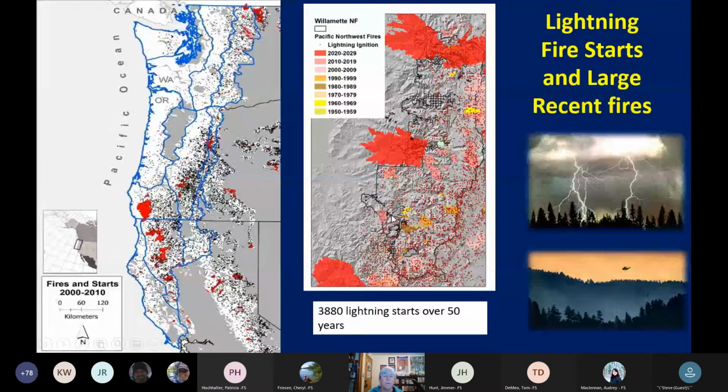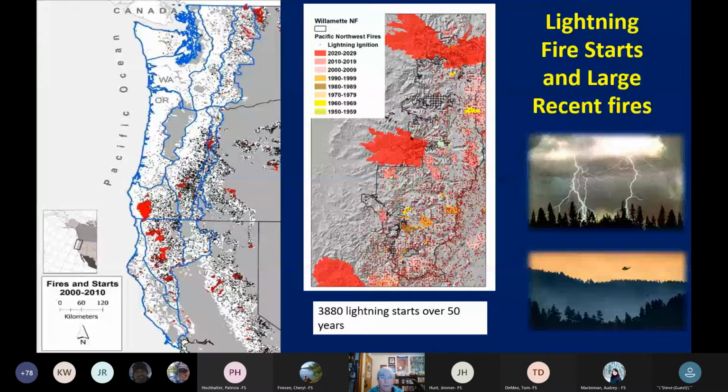Well, we went ahead and dove in, as you can see from the map here of just the Willamette, to take a look at what our lightning ignited fire starts that were suppressed and not suppressed were over the period of record. So we were able to look at from 1970 to just last year what our landscape looked like.